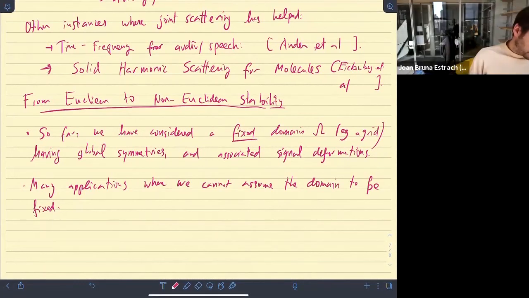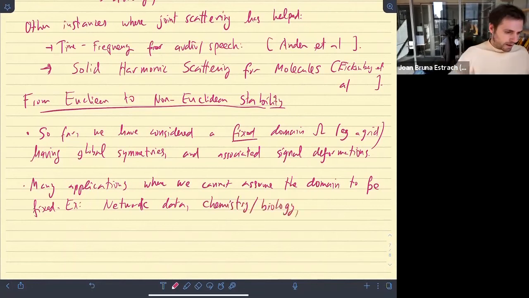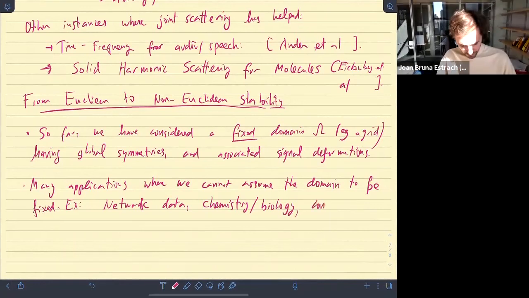For example, that could be in network data, chemistry, or biology, in computer graphics.